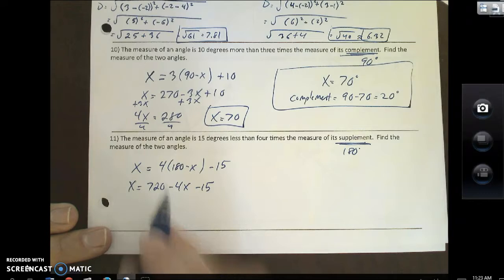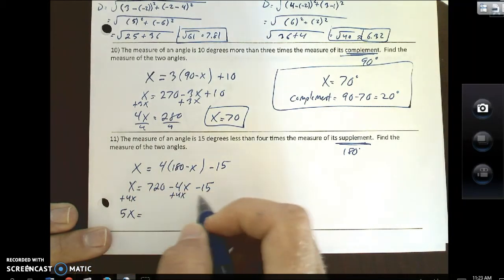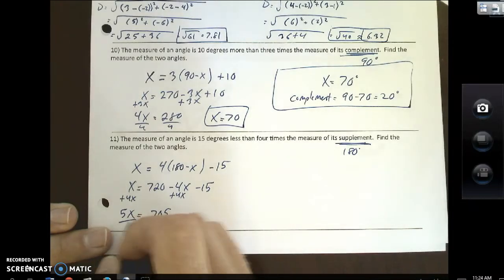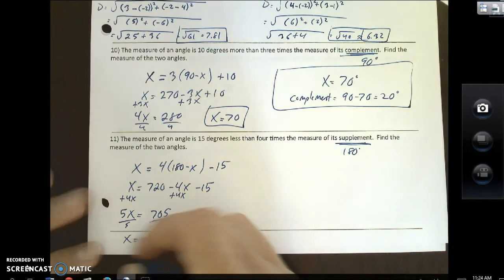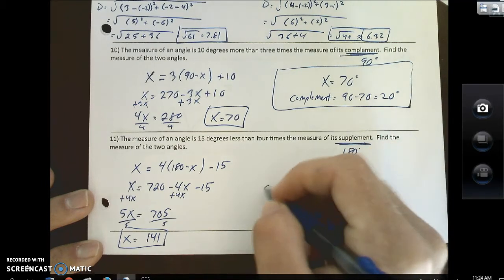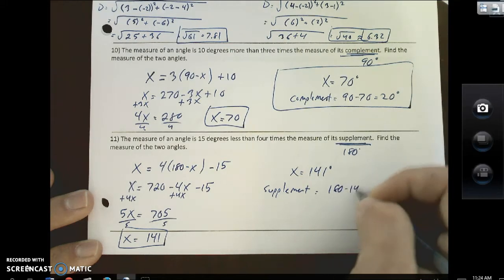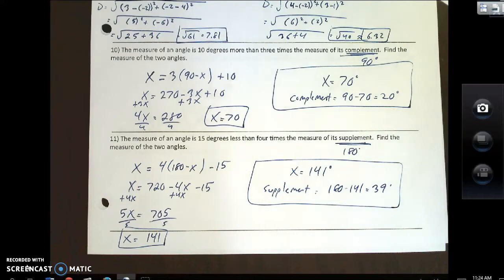I can go ahead and add 4x over. 5x equals 720 minus 15, which is 705. And from there, I can divide by 5. 705 divided by 5 is 141. So my first angle is 141 degrees. The supplement is going to be 180 minus 141, or 39 degrees. Okay, cool.